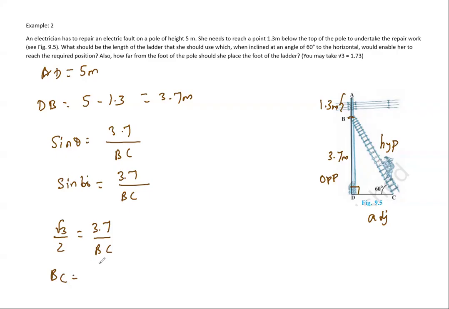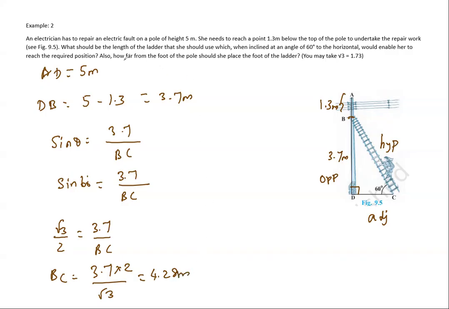So BC is equal to 3.7 into 2 divided by root 3. If we simplify this, we get 4.28 meters. So the BC value is found.